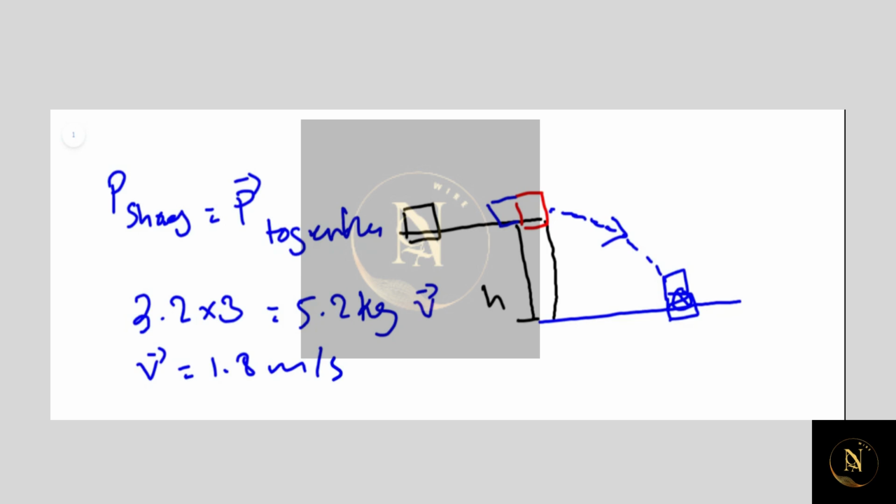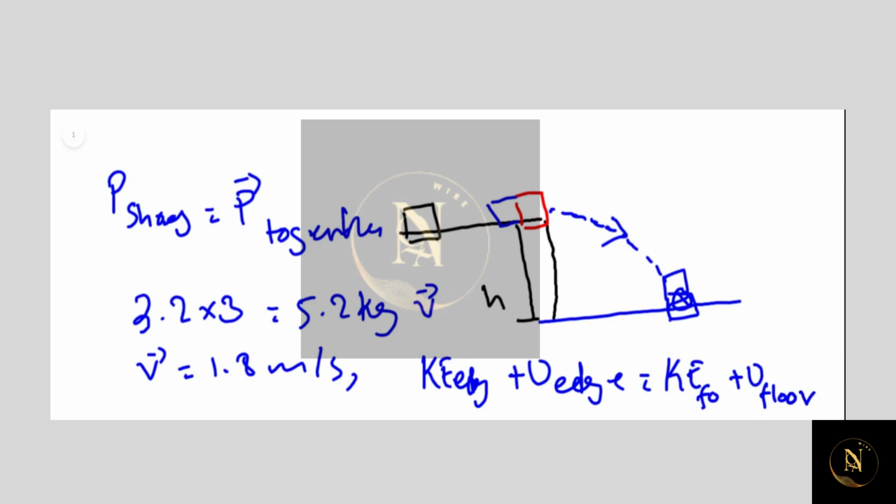Next we use the projectile motion from our previous understanding and use those techniques. Then our kinetic energy at the edge plus potential energy at the edge is equal to kinetic energy at the floor plus potential energy at the floor.